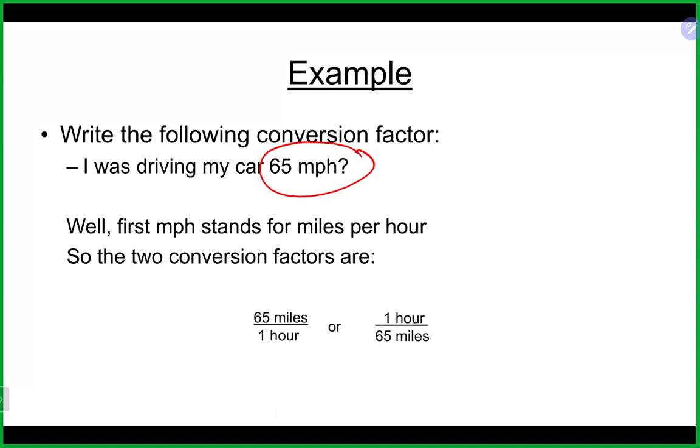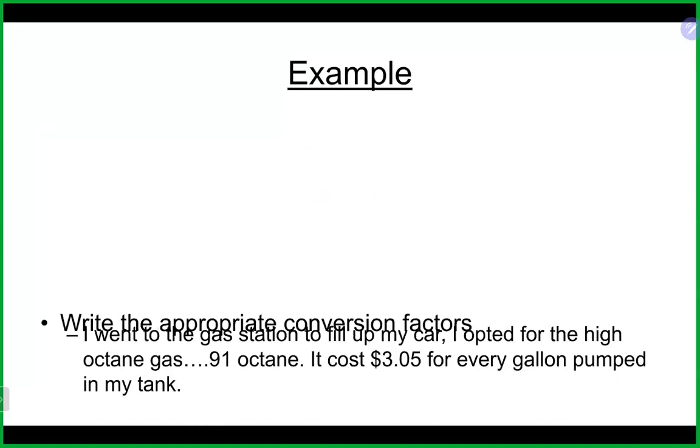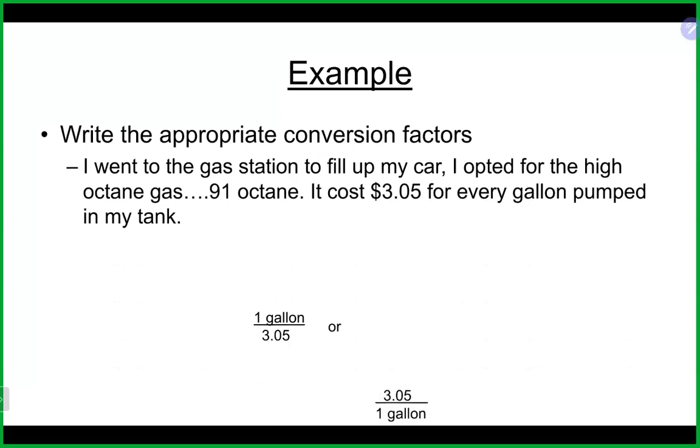So again, the number goes with the first unit, and the second unit on the bottom of the fraction is usually 1 when you have multiple units. Again, we want to set it up this way where you can clearly see where these things are. It is a really common error that students make when they don't set it up that way. They very commonly multiply when they should divide or divide when they shouldn't.